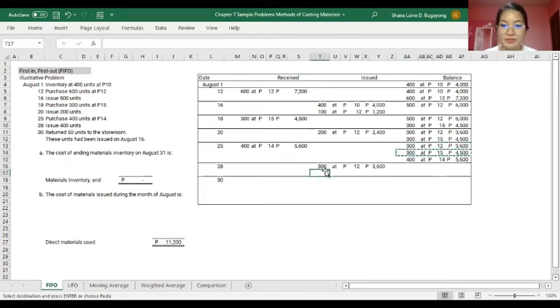Okay. That is 1.5. Okay, so that would mean ang remaining na lang nga balance nato is this one. Pero minus ni siya 300 minus 100. Okay.